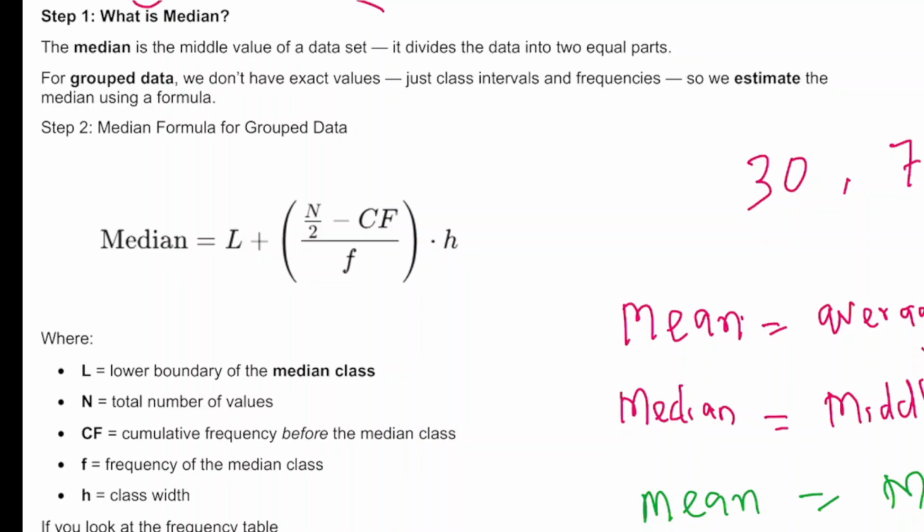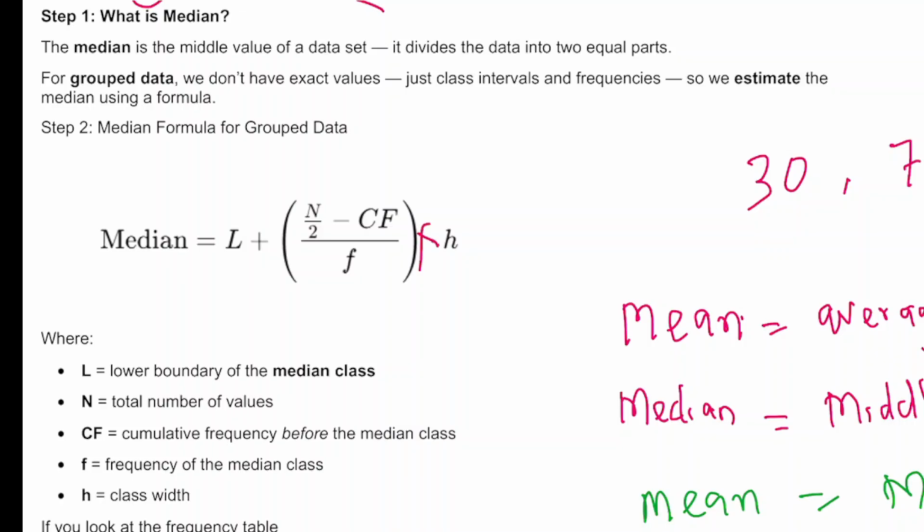This is the preceding frequency, the cumulative frequency before the median class, all over F, the frequency of that median class, times h. So this is the formula.